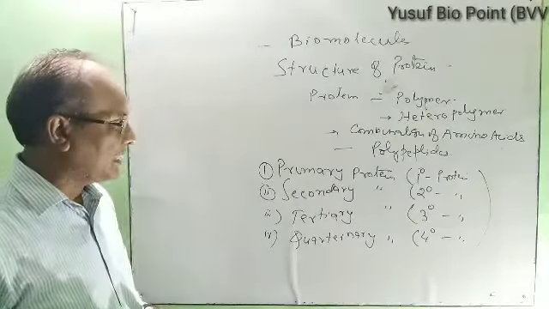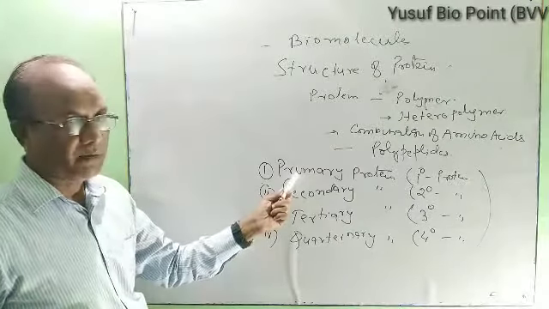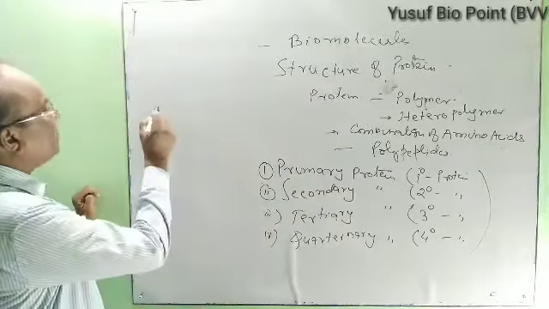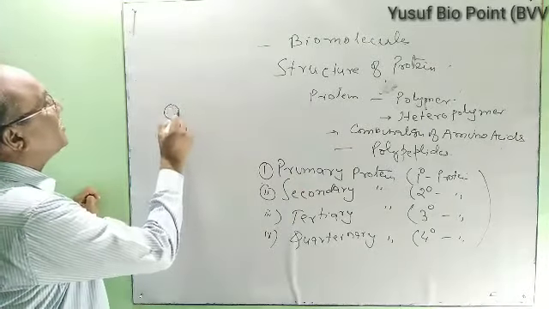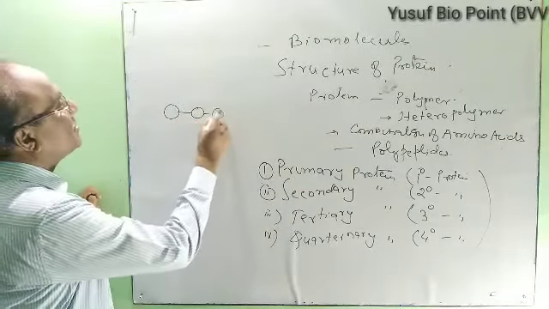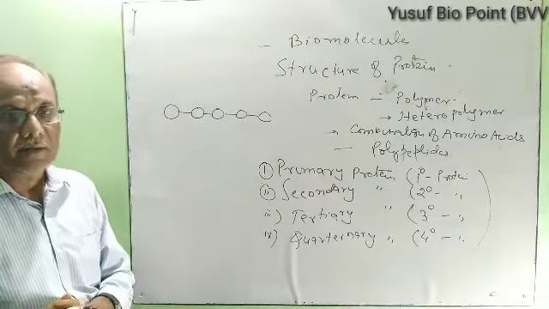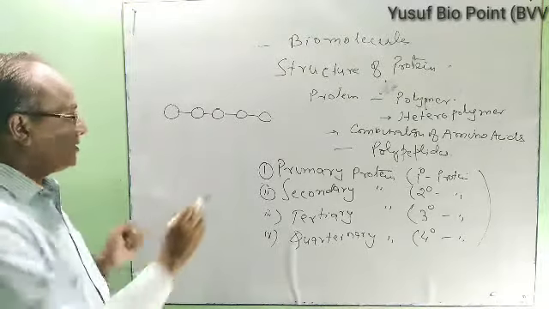Now first we shall see what is the primary protein. In the primary proteins, the amino acids link to each other by means of peptide bond.